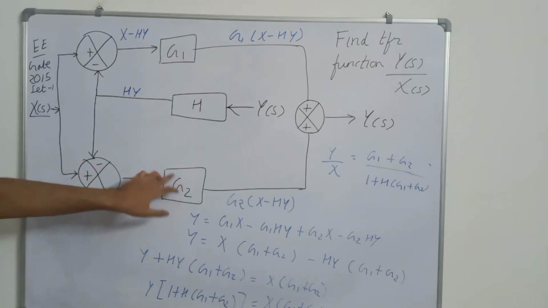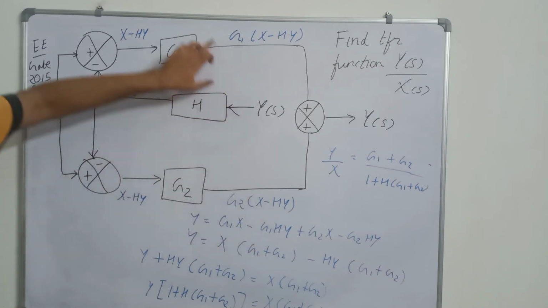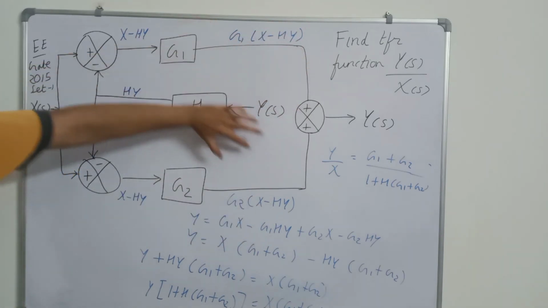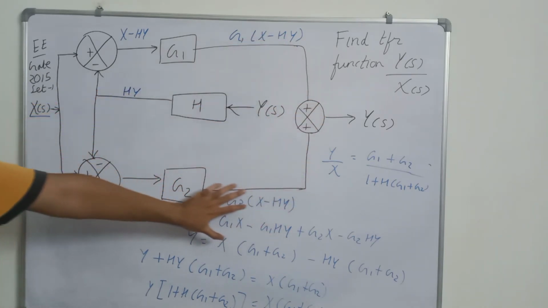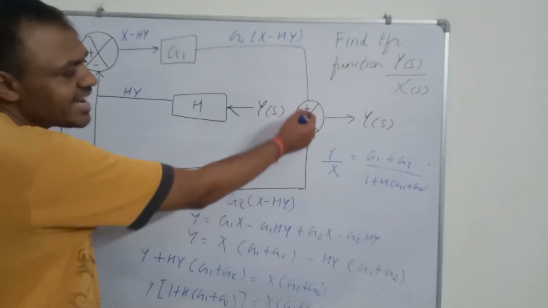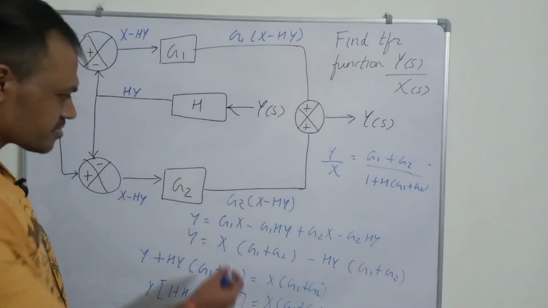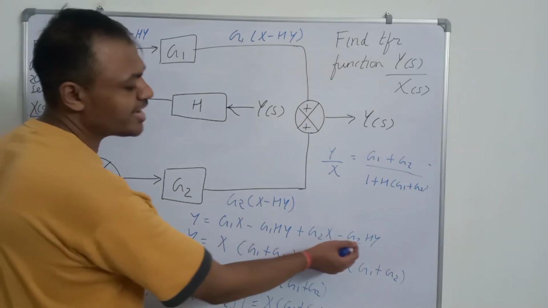This term was multiplied by G2, so G2 into (X minus HY), and this term by G1, so G1 into (X minus HY). This again is a summation block, so both are added with a plus sign. So Y will be equal to G1 into (X minus HY) plus G2 into (X minus HY).